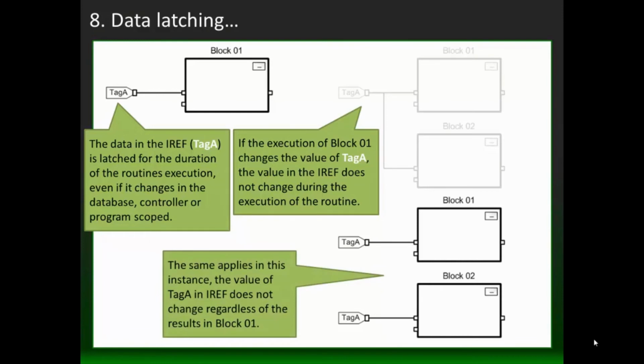The same applies in this instance. The value of tag A in the input reference does not change regardless of the results in block 1. This is something to keep in mind.